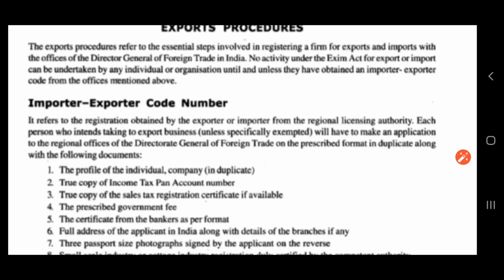So the firm which wants to do the imports or exports, if it is not exempted from this registration for this export code number, then the organization should file an application at the office of Director General of Foreign Trade.